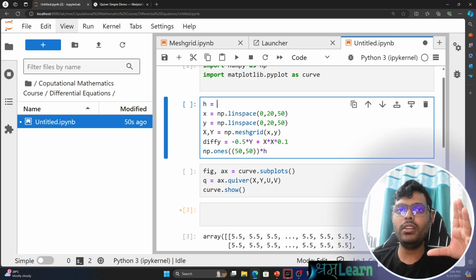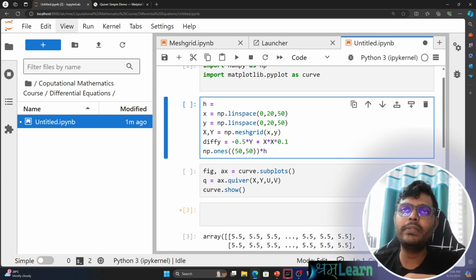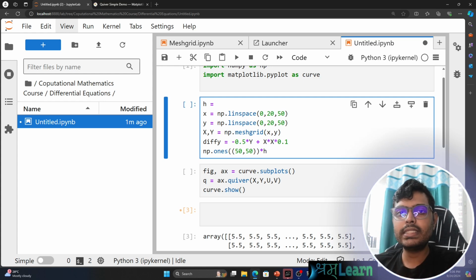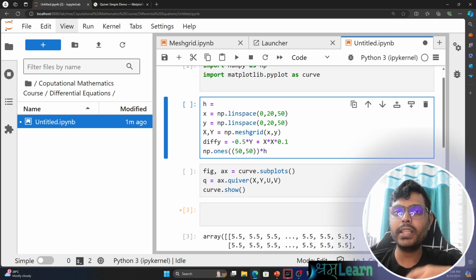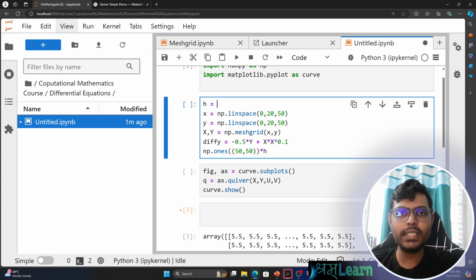So if you want closely packed points, more points, a finer solution, you will have to decrease the step size. Decreasing the step size means more computation. When we increase the step size, computation decreases.